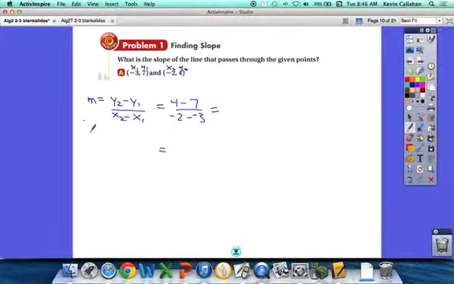Right, reverse x1, y1 with x2, y2. If we did that, it would be 7 minus 4 in the numerator, divided by negative 3 minus negative 2.